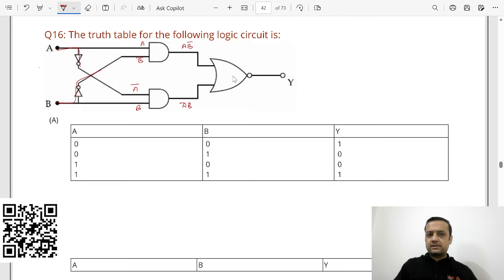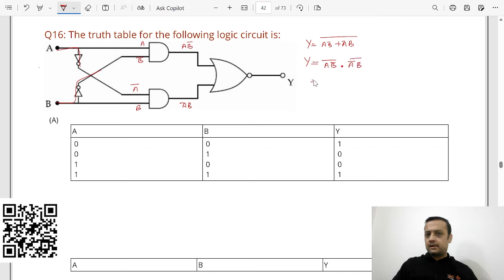And these two things are going into the NOR gate. So basically Y will become (A B bar plus A bar B) whole complement. Okay, so now what do we have to do here? We can use De Morgan's theorem. This complement will break down, and plus will convert to multiply.